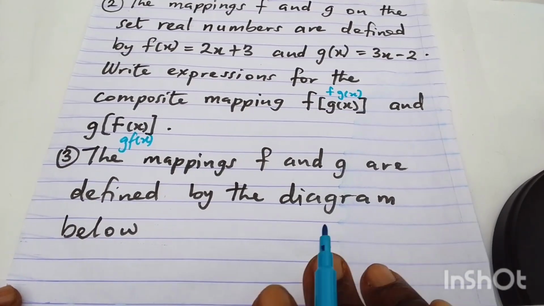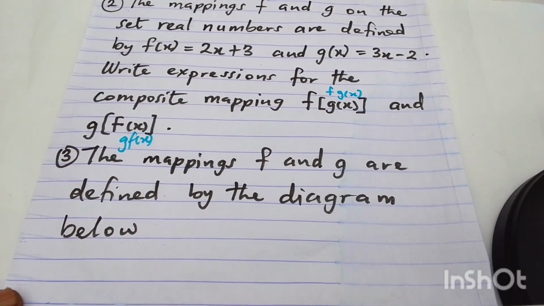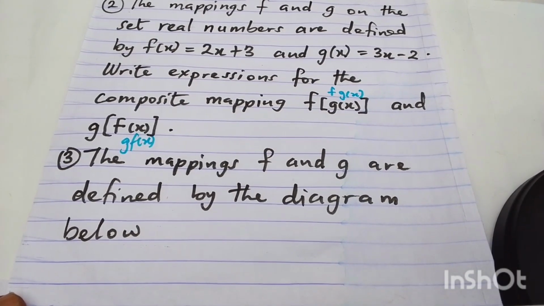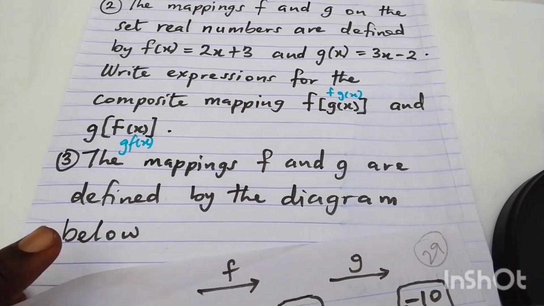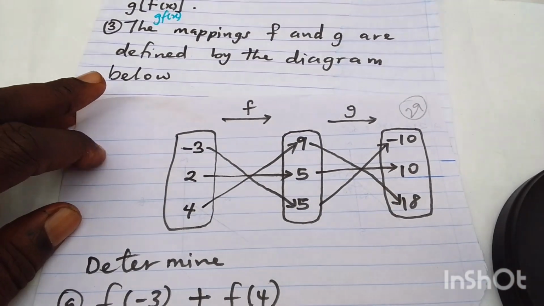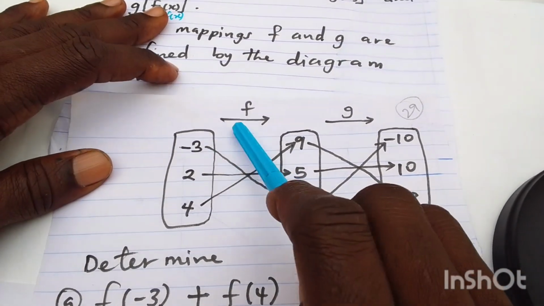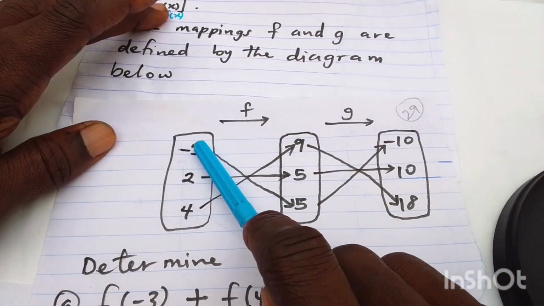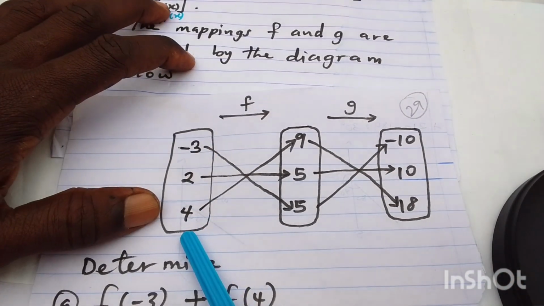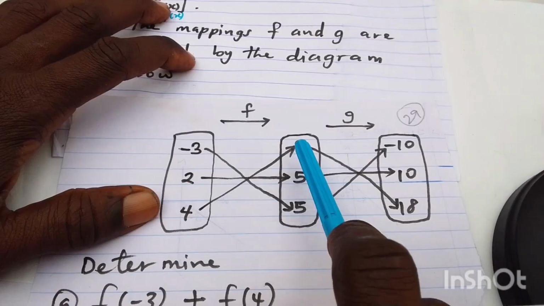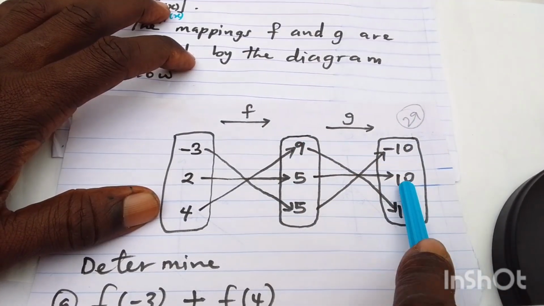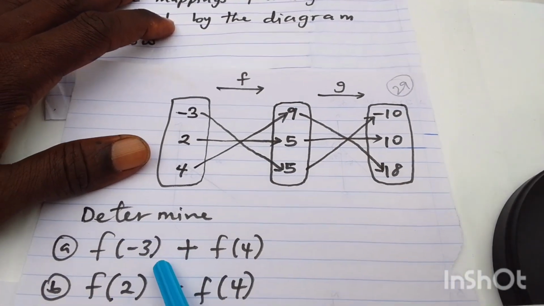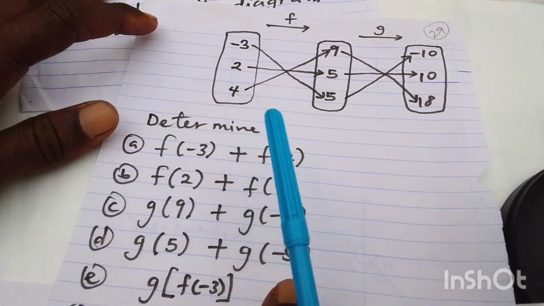Number 3: the mappings f and g are defined by the diagram below. So this happens to be the diagram we are talking about. So mappings f and g. This set is the domain, the codomain, but this is another codomain. So you are now told to determine this.